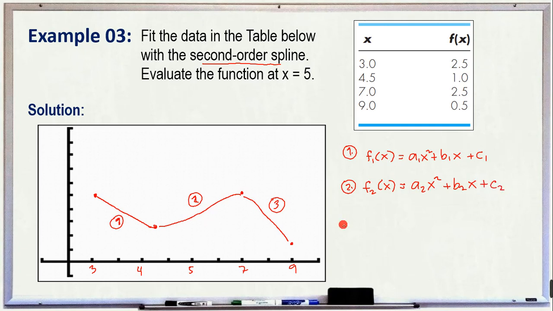But of course, don't forget the interval, meaning mo-work na siya at that particular interval. So, number 3, f sub 3 of x equals a sub 3 x squared plus b sub 3 x plus c sub 3.